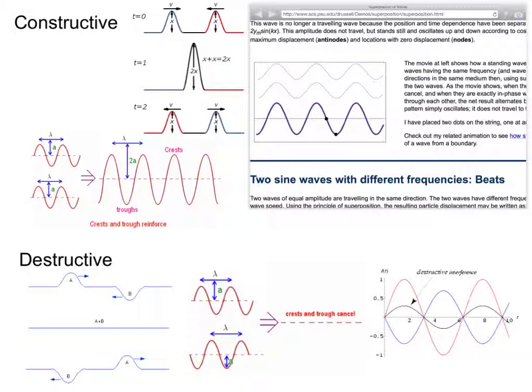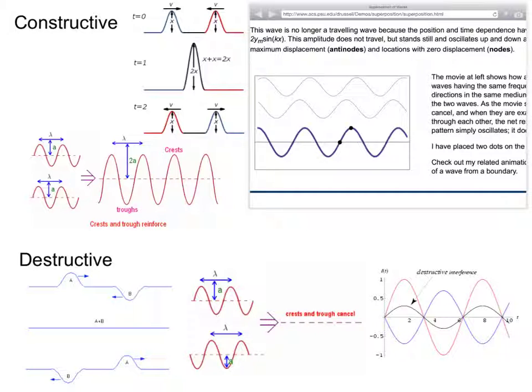And destructive interference at a concert isn't exactly something that you want, because whoever's in that seat experiencing the destructive interference can't really hear much. The volume is much, much lower. Doesn't make the concert as good for that person. So you have acoustical engineers that deal with that. We actually use constructive interference to create lasers, so constructive interference with light. And we'll get into many more of those details as we go.